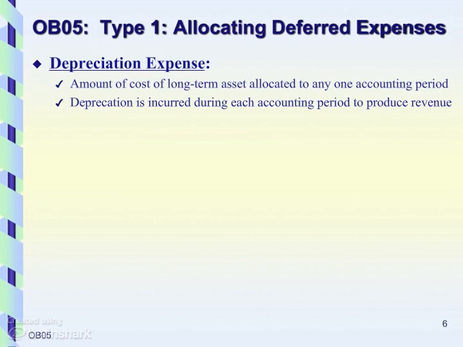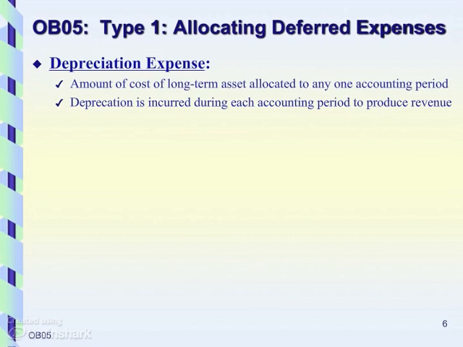It is often impossible to determine exactly how long an asset will actually last or how much is used up in one accounting period. Therefore, businesses use depreciation as an estimate, and the accountants make assumptions that are applied consistently to determine the amounts of depreciation to allocate during each accounting period. Using these assumptions, they calculate the amount of the depreciation and debit that depreciation expense of that asset.